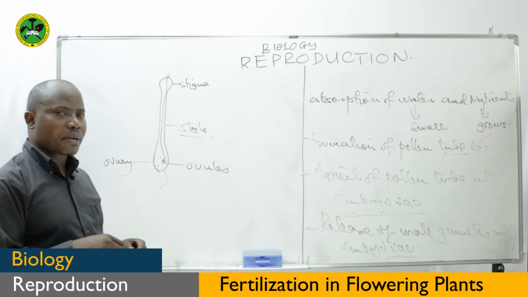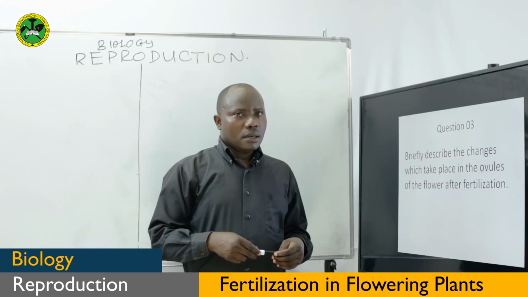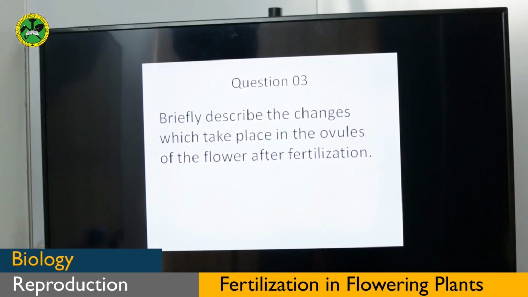Let us go to question number 3 and see how it can be responded. Question number 3 says, briefly describe the changes which take place in the ovules of the flower after fertilization.